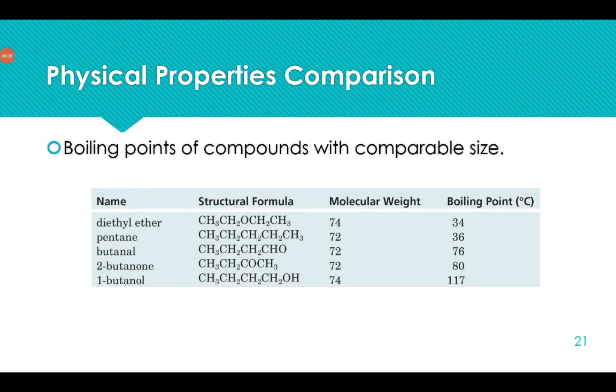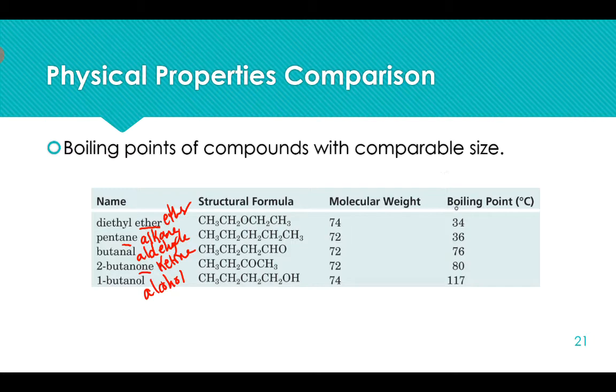So here's a trend. This is a whole bunch of different molecules here. You can see we have an ether, we have an alkane, we have an aldehyde, we have a ketone, and we have an alcohol.